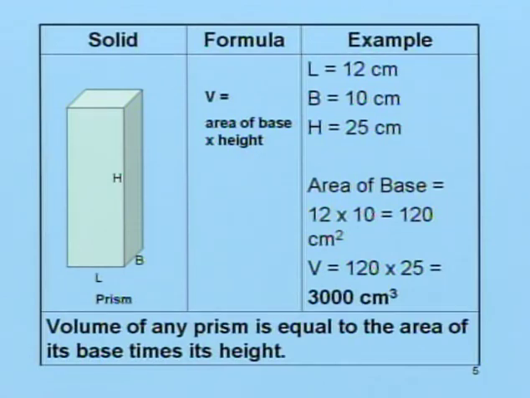And since it is a volume measurement, it must be expressed in cubic units. So it is 3,000 centimeter cube. And note that important principle at the bottom there. Volume of any prism is equal to the area of its base times its height.